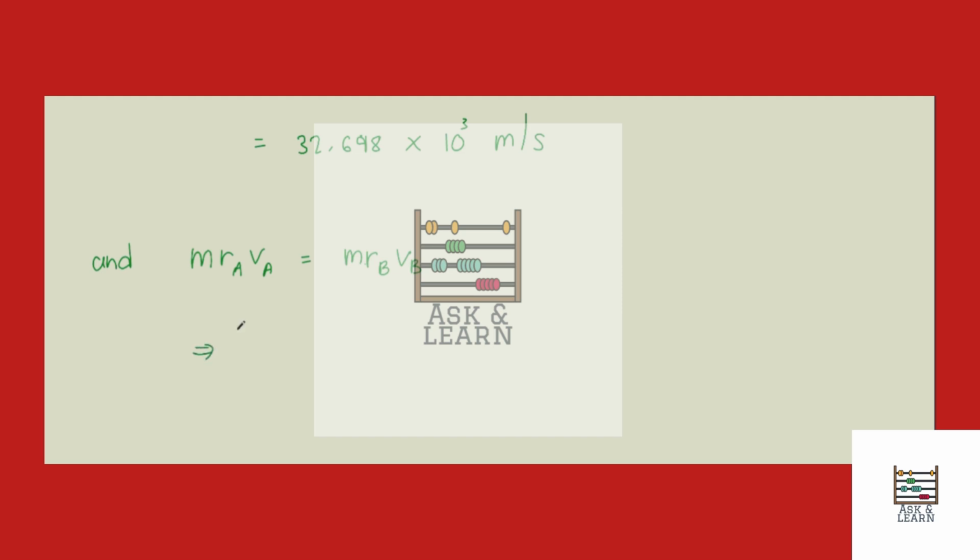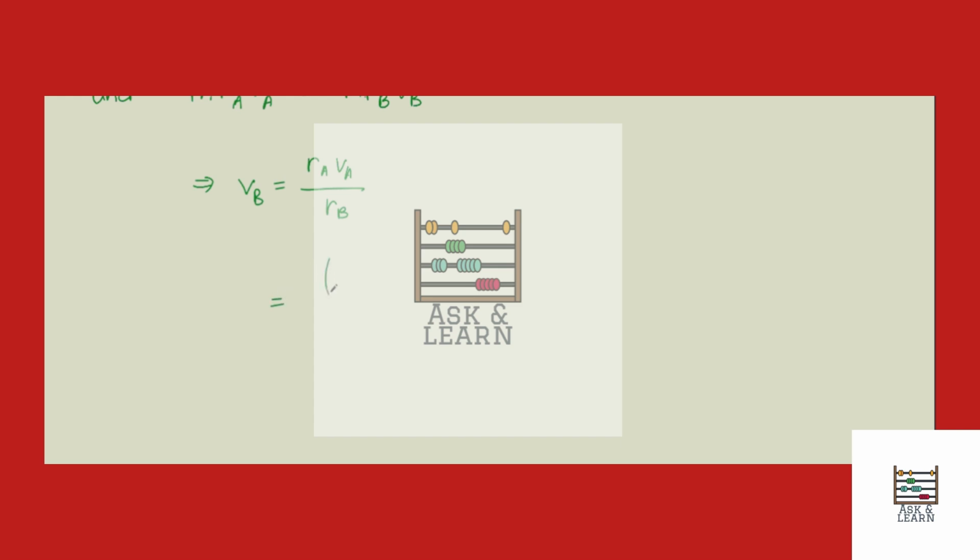So we can rearrange this and solve for velocity at point B, or in orbit B. VB is equal to RA VA over RB. And we have these values, so we can substitute them in.